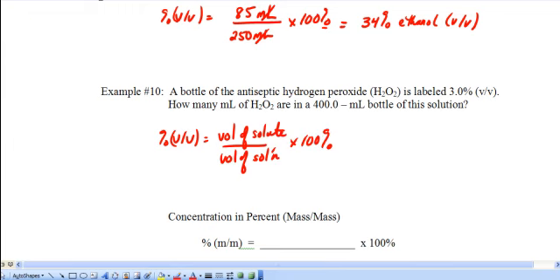So now just plug in what you know. Well, we know that the percent volume is 3%. We do not know the volume of the solute, so we'll just put X for that. The volume of the solution is 400 milliliters. And then, of course, you got to multiply by 100%.